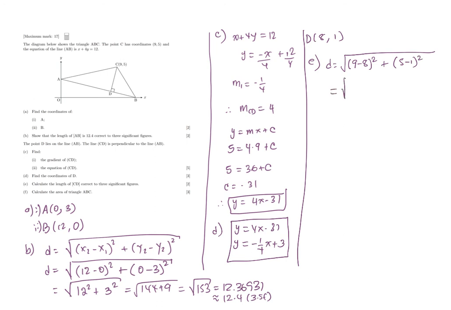And that is the square root of 1 squared plus 4 squared. That is the square root of 17, which is equal to 4.12310. To 3 significant figures, this is 4.12.